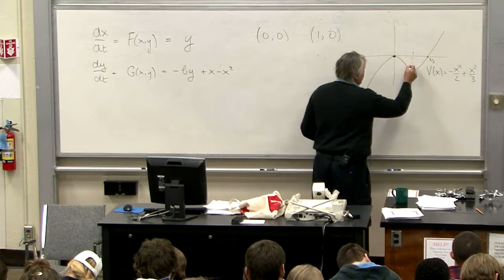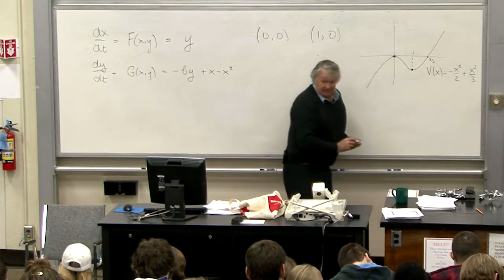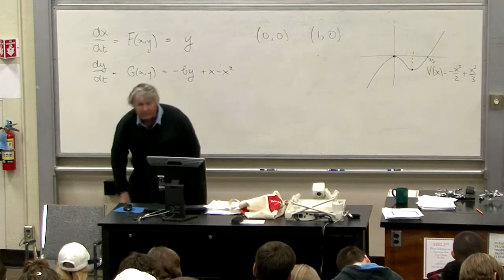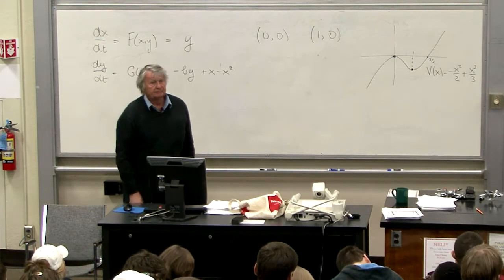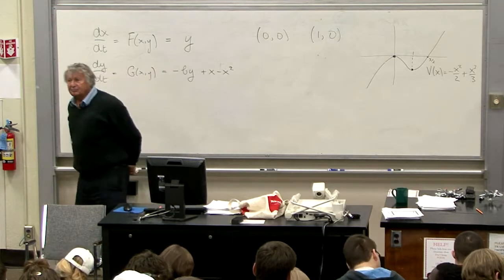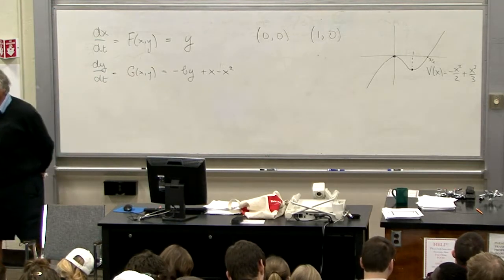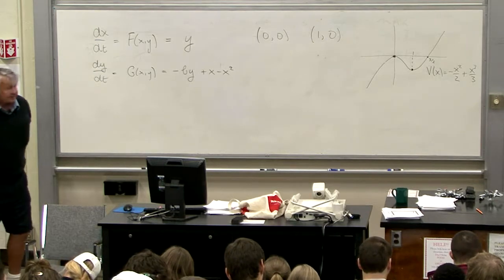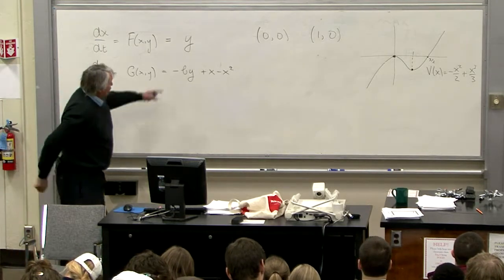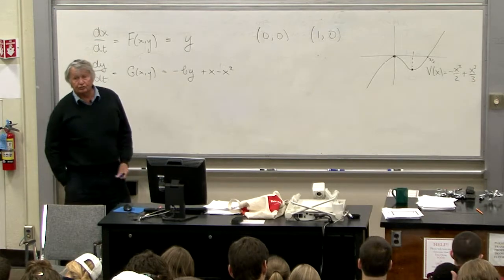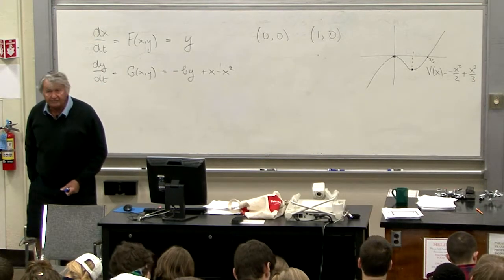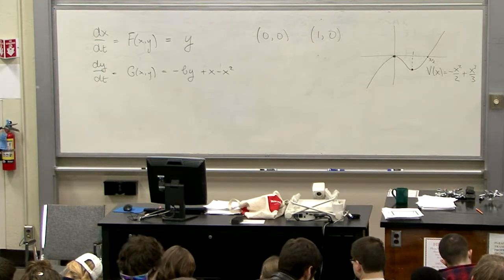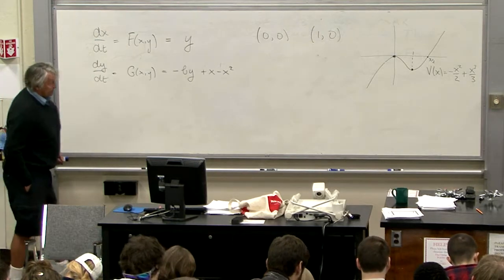That's this point here. So there are the 2 equilibrium points. Does everybody appreciate how to find the equilibrium points? You set f to 0 and g to 0, and you look for joint solutions, values of a pair x and y, such that both f and g are 0.